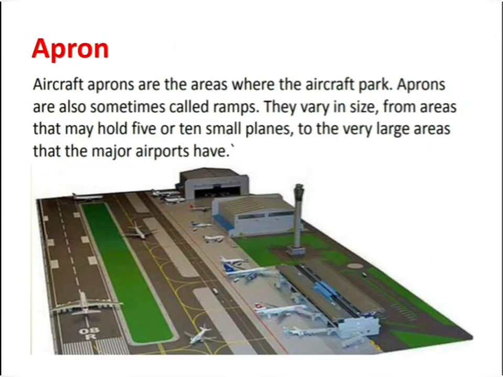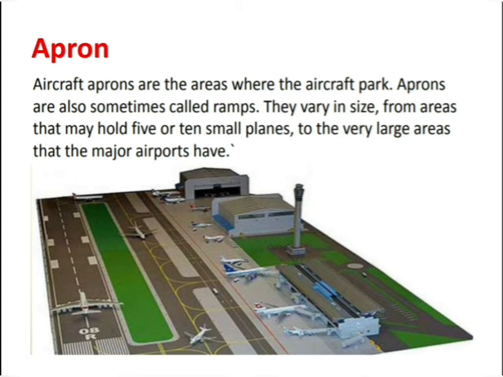Next one is the apron. In this figure, you can see the apron. Apron is the place where we can park aeroplanes or aircraft. Aprons are also called ramps. They vary in size from areas that may hold 5 or 10 small planes to the very large areas that major airports have.